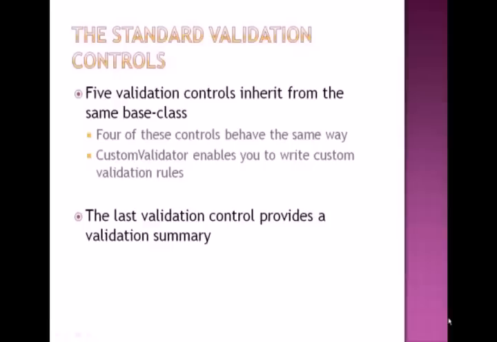Besides the required field validator, there are other validators in the category of validation in the toolbox of Visual Web Developer. The 5 validation controls are basically the standard validation controls. Ultimately all of them inherit from the same base class, and therefore they share common behaviors. 4 of these 5 validation controls operate pretty much in the same way and contain built-in behaviors that enable you to validate associated controls.